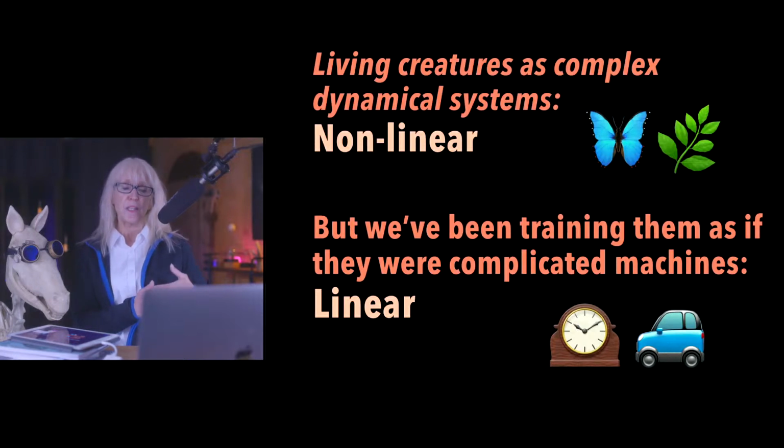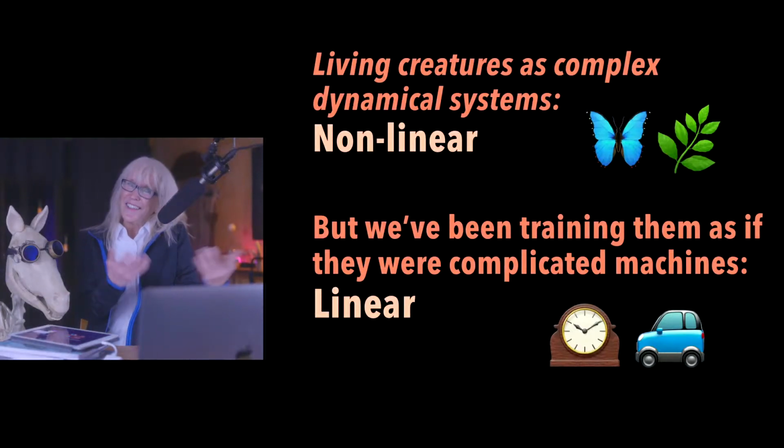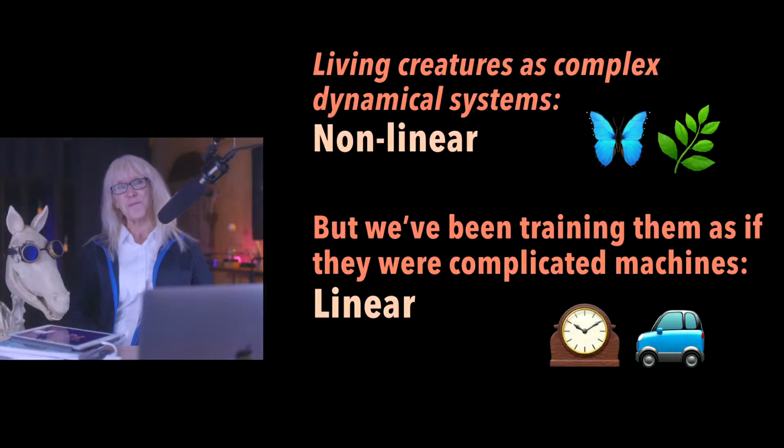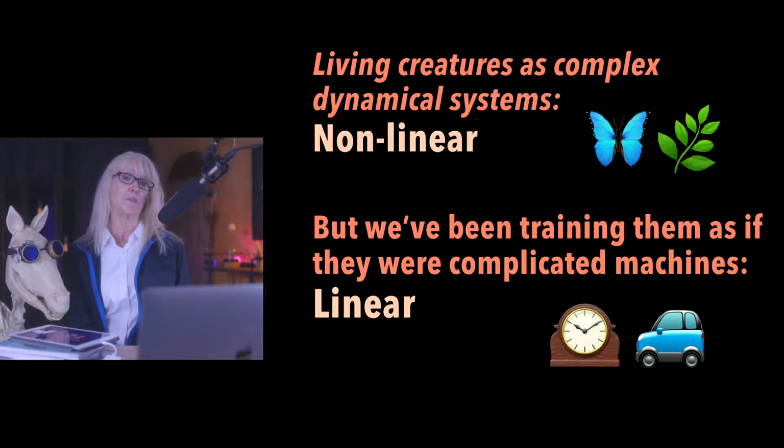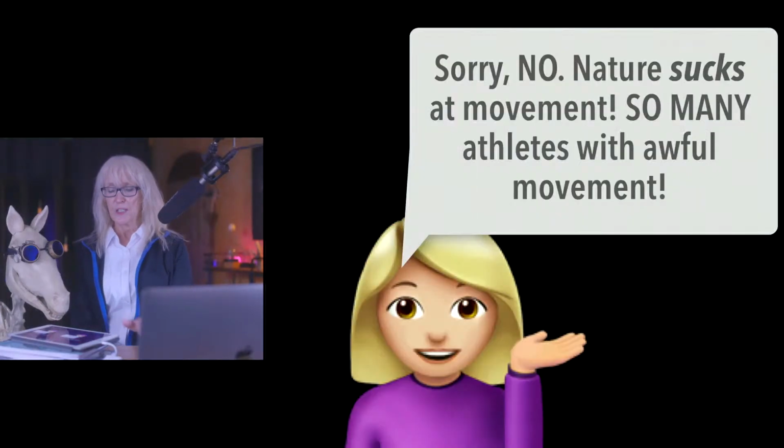But we have been trying to treat the body and movement as though it were linear, right? Forgetting the bio, using just the mechanics. Well, movement, it's just physics, right? It's just leverage and moment arms and, you know, all of that. So we treated movement like machines, completely missing the point as far as nature is concerned of why we have movement in the first place.